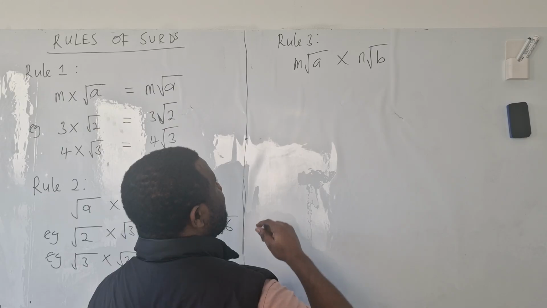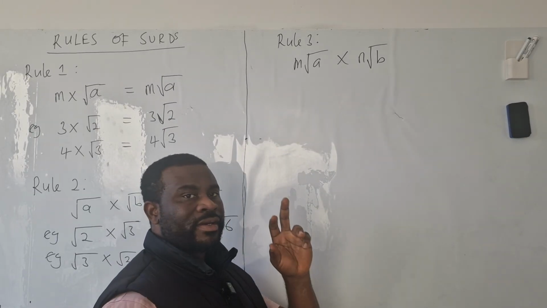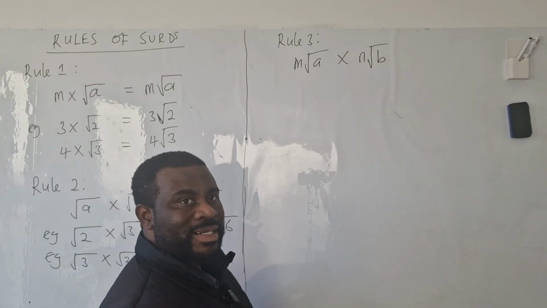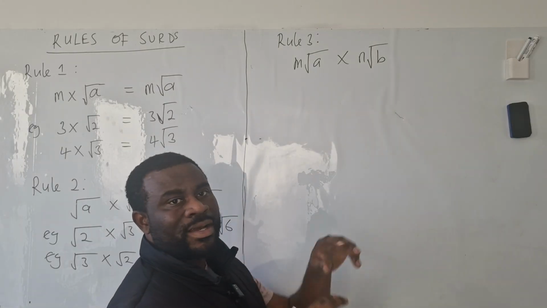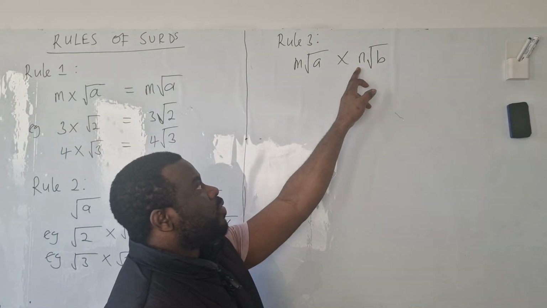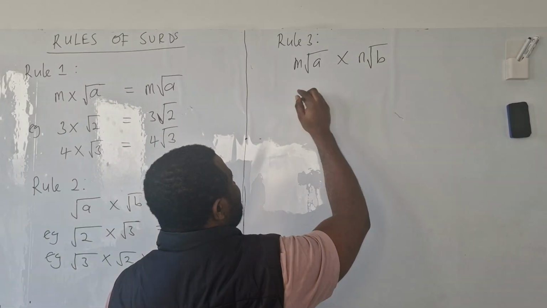With this one, we take one of the roots and then we multiply the numbers under the root together. So we're going to multiply a and b together under one root. And we also multiply the coefficients together: m times n will give us mn.